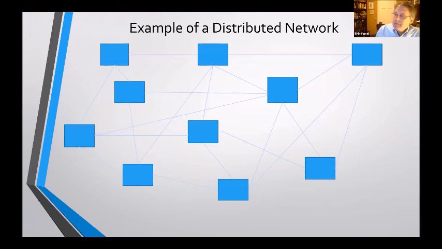They're all interconnected. They may not be connected directly with each other, but the whole concept of the internet is that there's interconnectivity here. So once the information is confirmed in one block or one node, it can be communicated across the network to everybody who's participating.